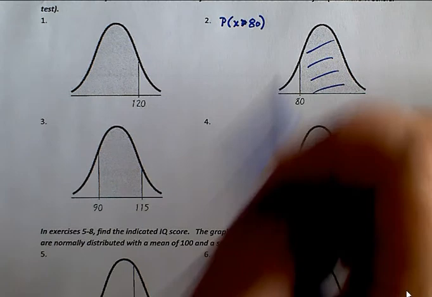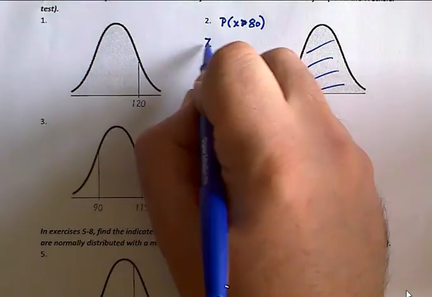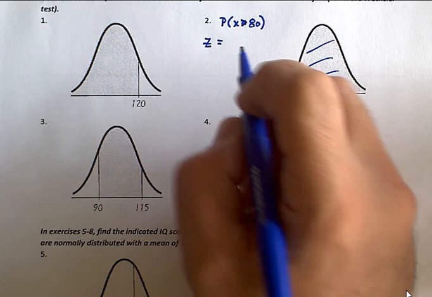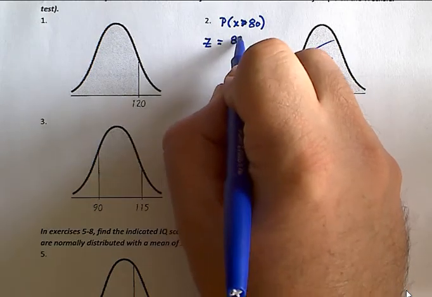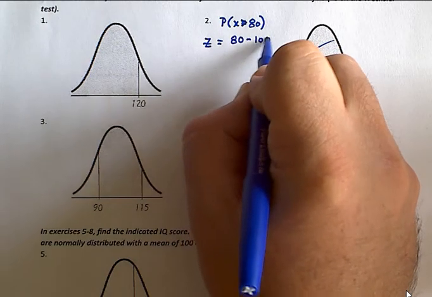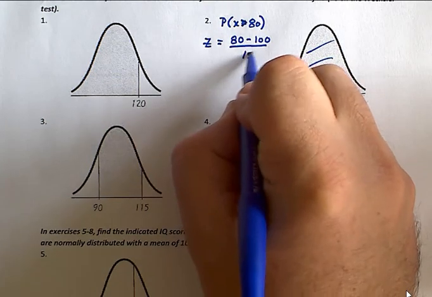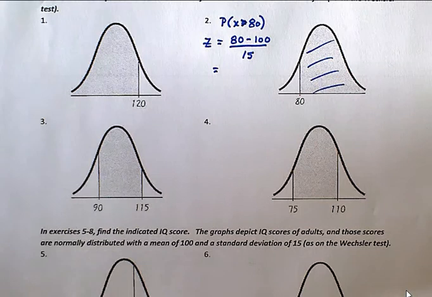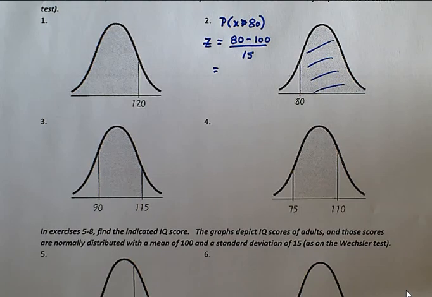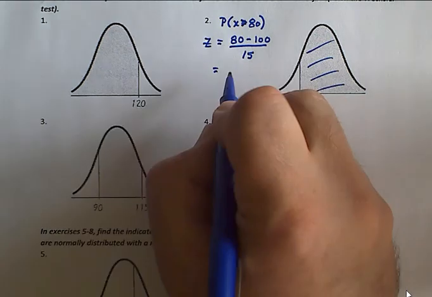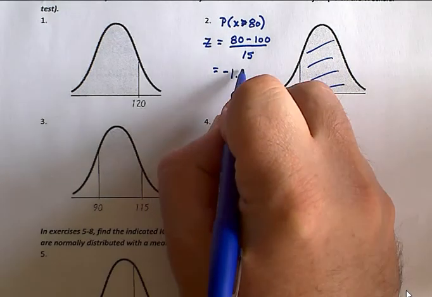Well, z equals 80 minus 100 divided by 15. That would be negative 20 divided by 15, which is, and you need to make sure you round these for the table's sake.